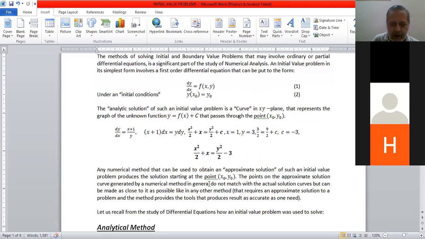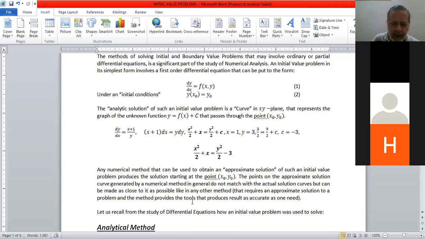They in general do not match the actual solution curves obtained by some analytical method, but can be made as close as possible, like any other method that we have considered for solving any other problem.